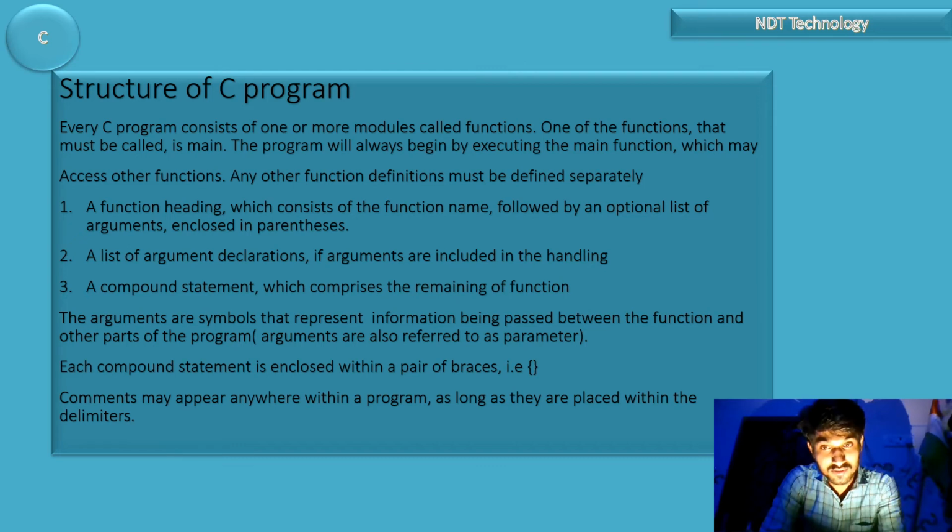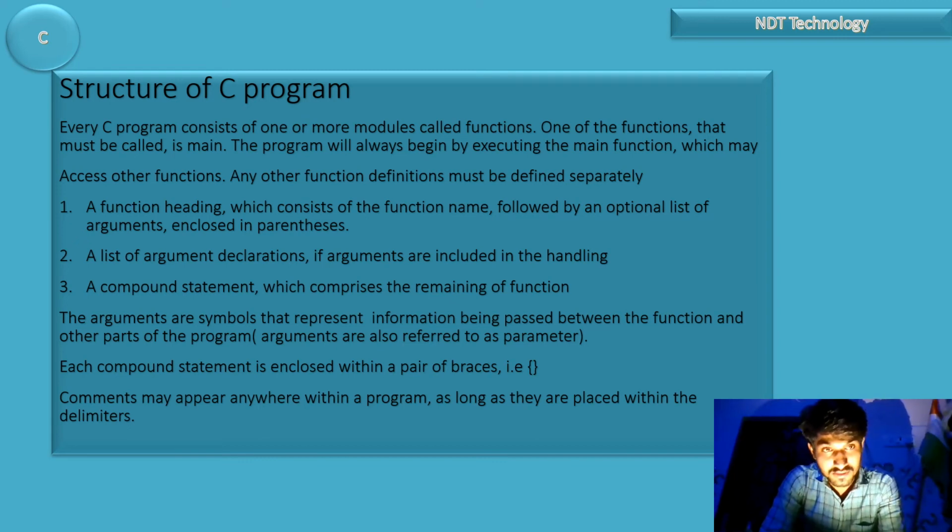Without writing a main function, the other functions will not be accessible by the compiler. We have to write the main function first. Any other function must be defined separately, according to its use for that particular program.